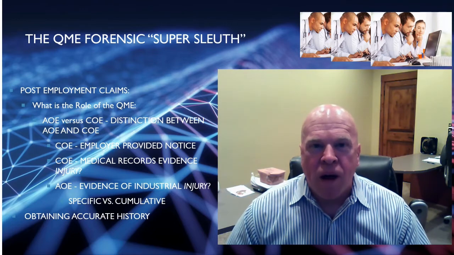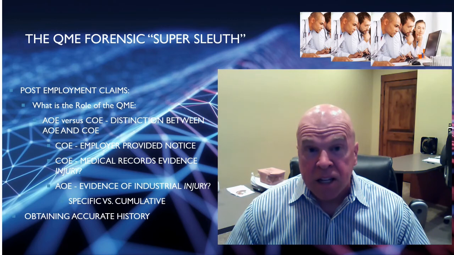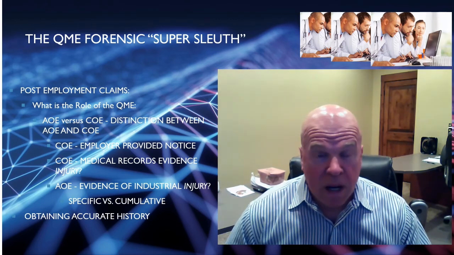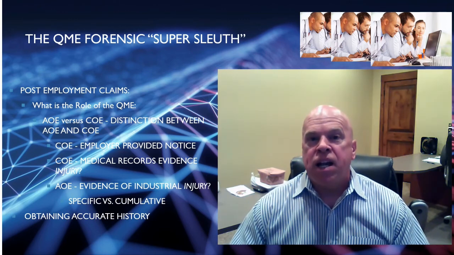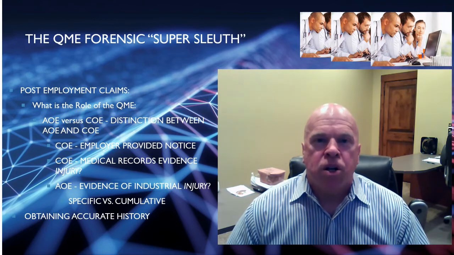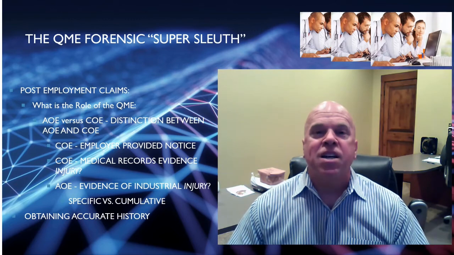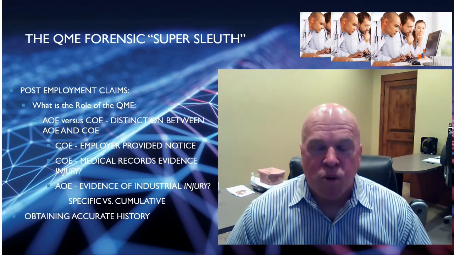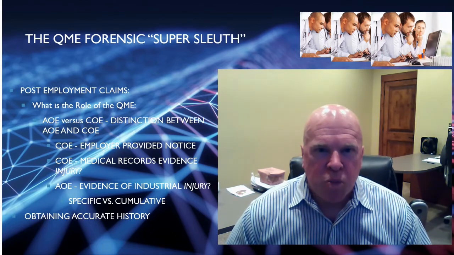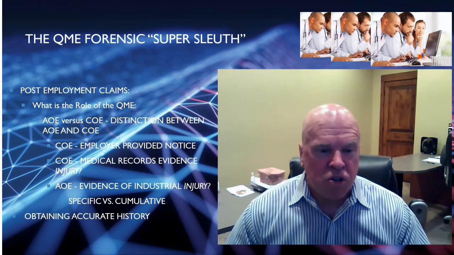And we're going to talk about how to obtain an accurate and honest history from the examinee so that you can resolve the disputed issue on AOE, COE. And then finally, in the last section of this program, we're going to talk about depositions, and we're going to talk about what the lawyers, the attorneys, don't tell us, and what information they don't provide us in advance of depositions, which if we knew, we could perform much, much more credibly and much more accurately in depositions as well.